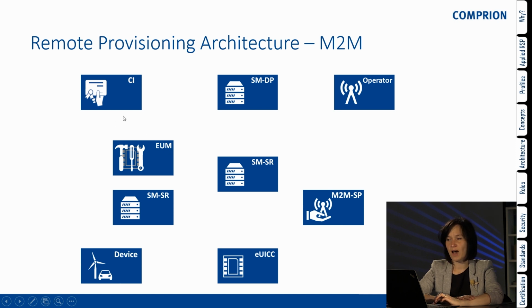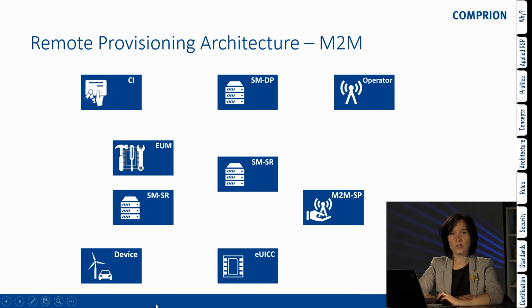We have the CI for the certificate issuer, to issue the certificates to the different components of the system. For sure, we have the operator. In the first versions, it was called the MNO, mobile network operator, but operator is a more general term. In the latest version, we also have the M2M SP, M2M service provider, and device.